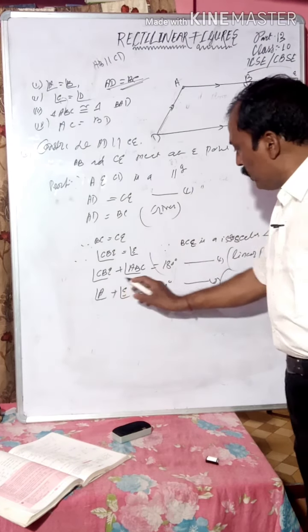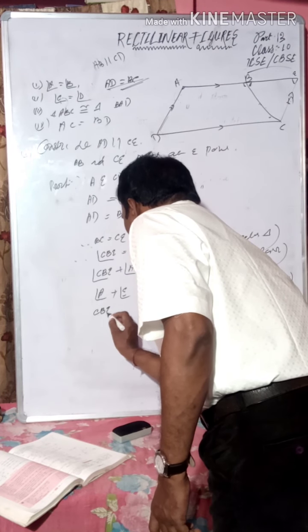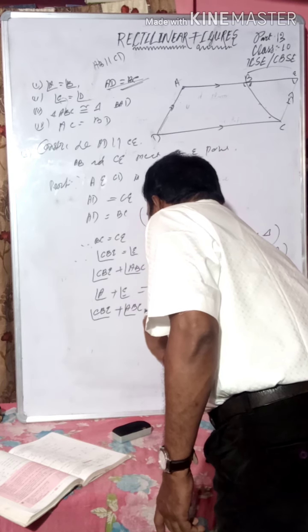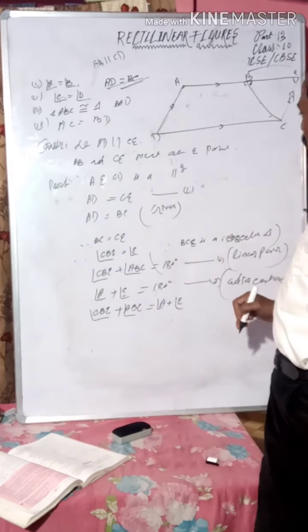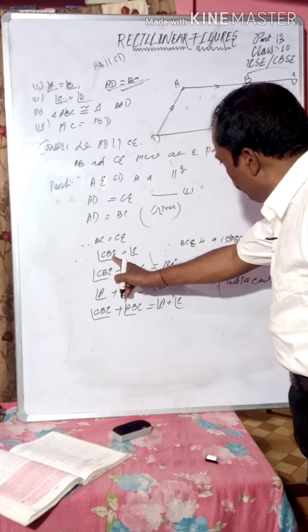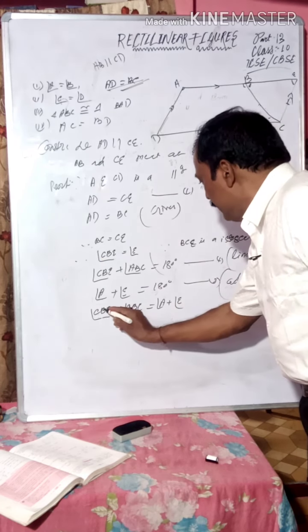So angle CBE plus angle ABC is equal to angle A plus angle E. Here we know that angle CBE is equal to angle E, so CBE and E both cancel.